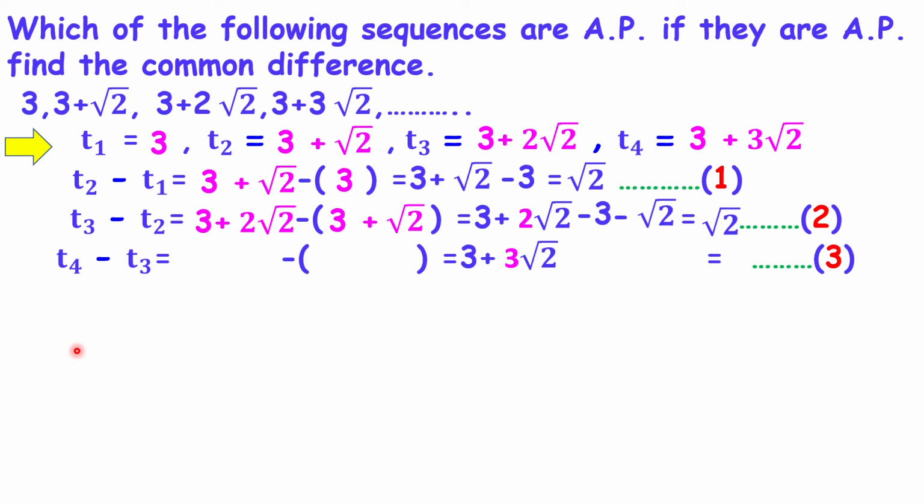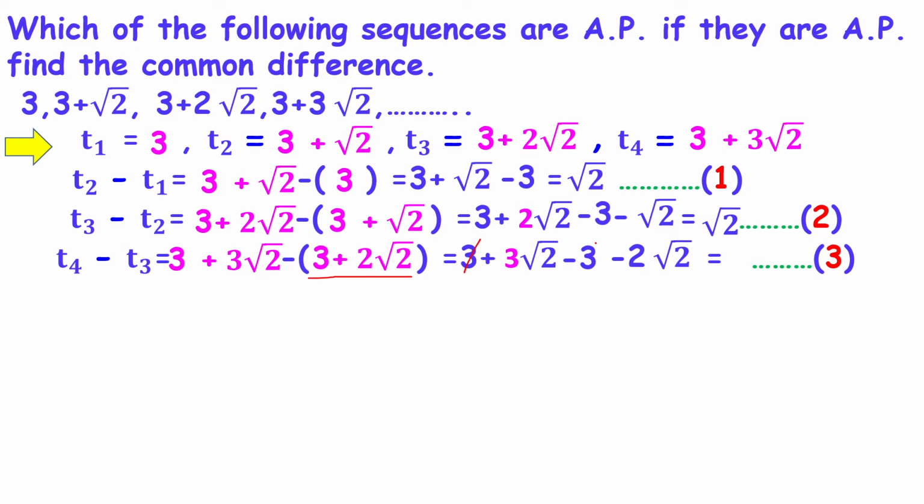Now we will take t4 minus t3. t4 is 3 plus 3 root 2, minus, in bracket, t3 which is 3 plus 2 root 2. Now how to open this bracket? We have to distribute this negative sign. Therefore plus 3 becomes minus 3 and plus 2 root 2 becomes minus 2 root 2.